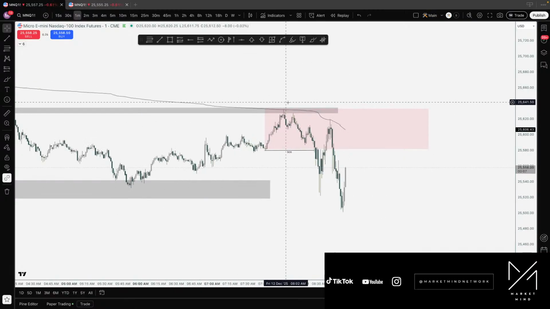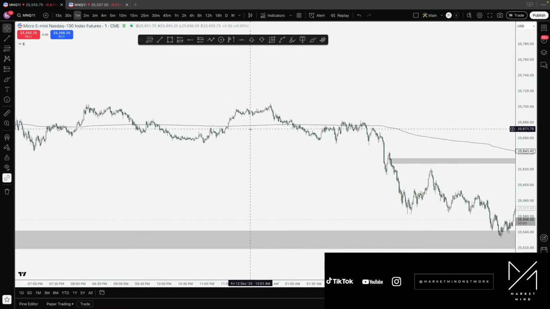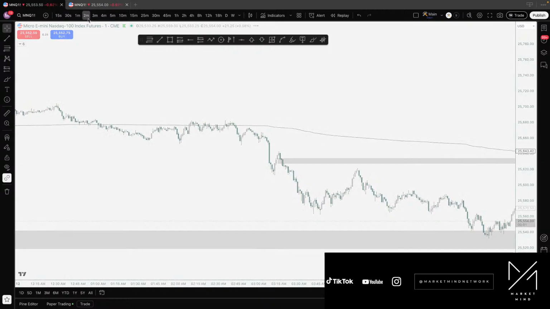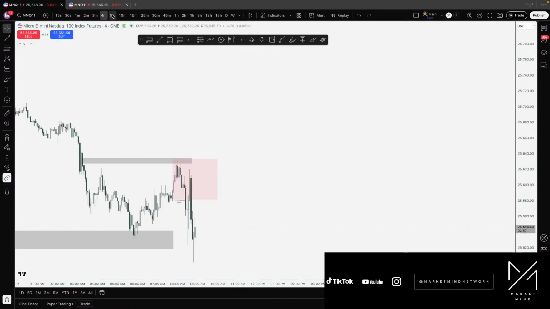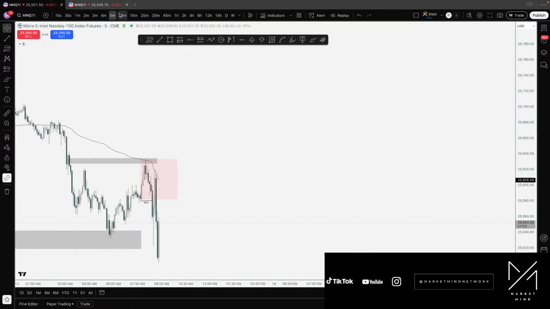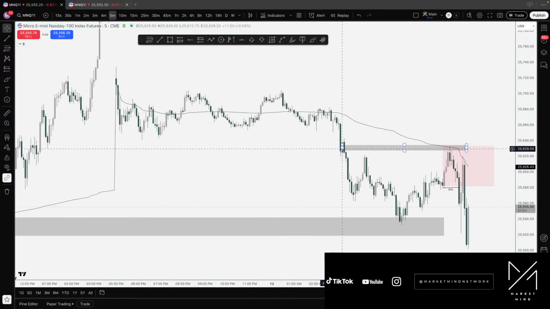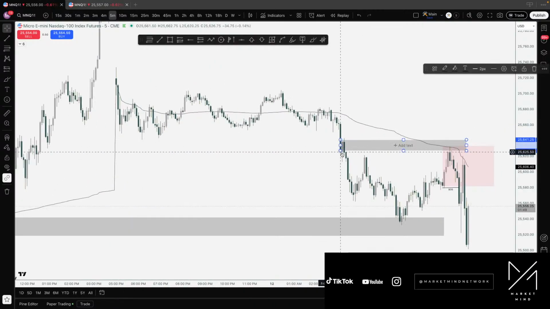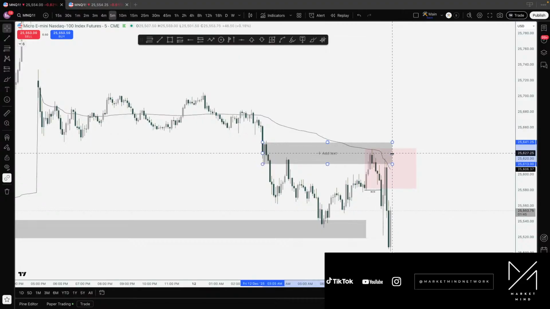You can also say, okay, there was something here that price came back for, and it tapped into that, and whatever order block right here. Be like, okay, this order block here has been causing havoc over here.